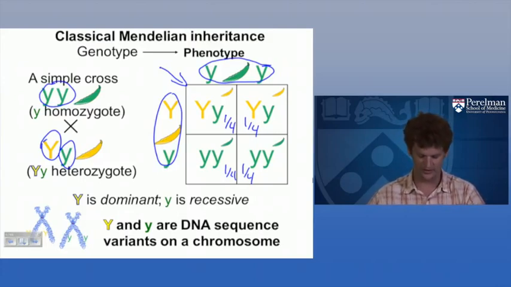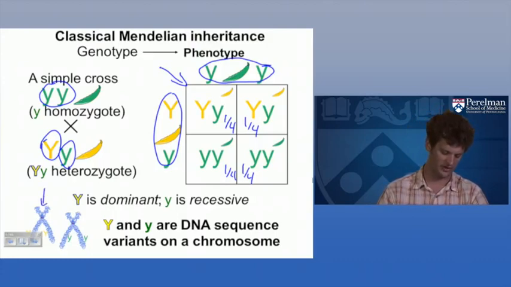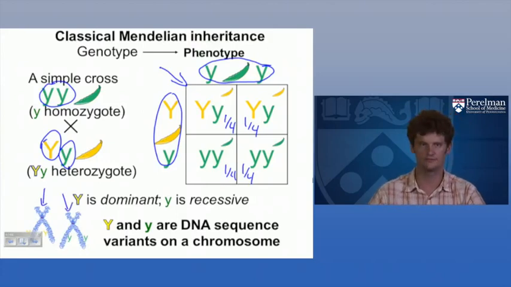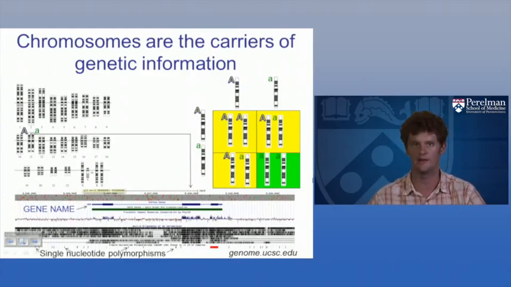The key thing to remember is that these are not really abstract things. Big Y and little y are actually individual DNA sequences on the chromosome. So in the big Y, little y heterozygote, one chromosome has a big Y, which is some sequence, and the other chromosome has a little y, which is some different sequence. Just a little bit more about chromosomes and how the DNA sequence is related to these alleles.